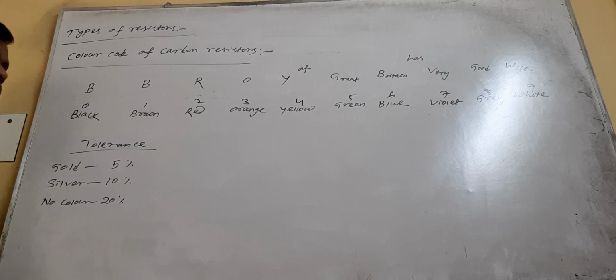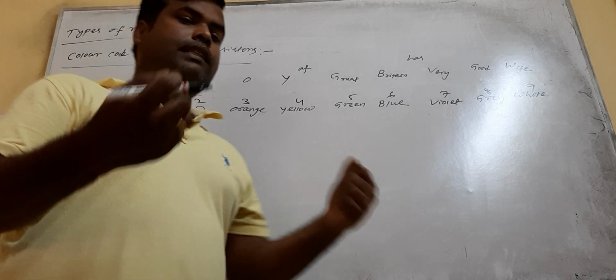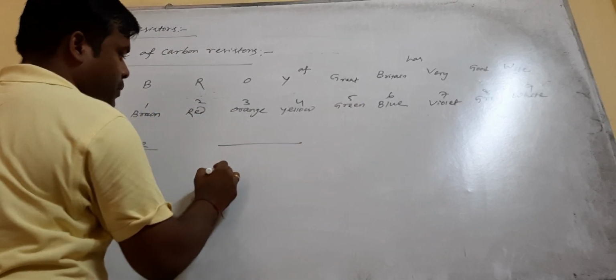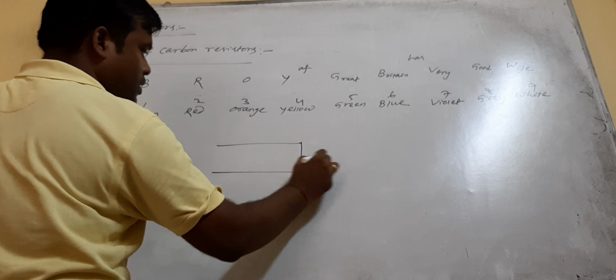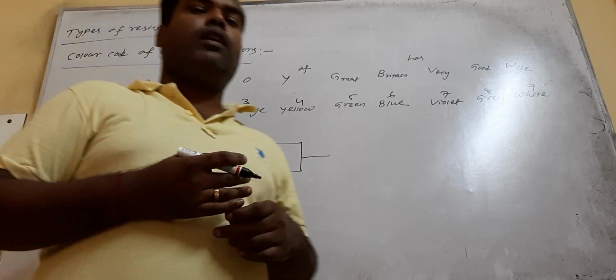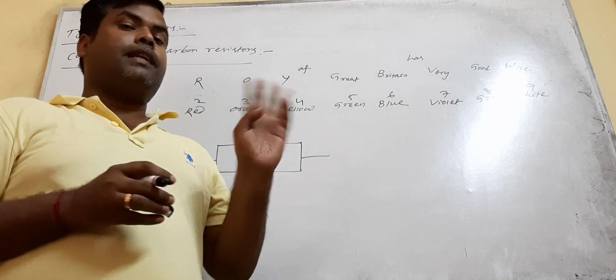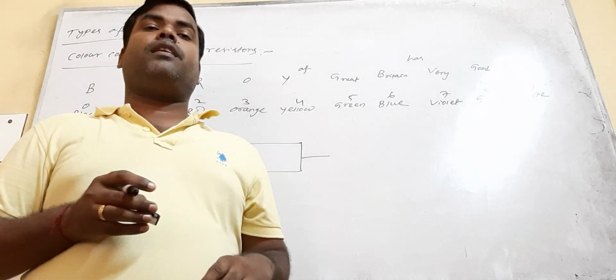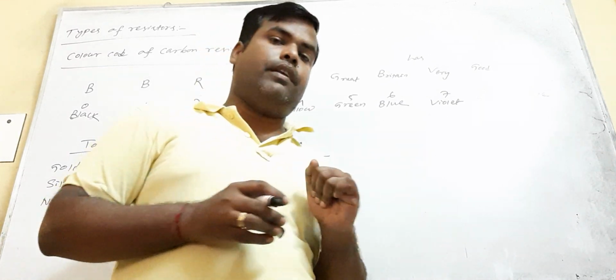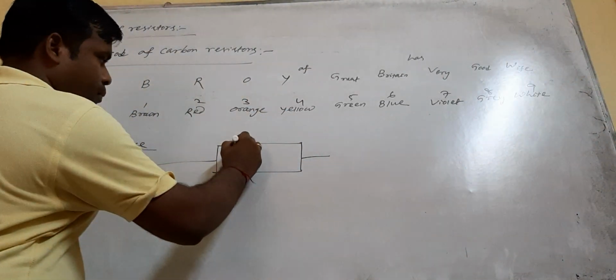So how do we get the resistance value from the color coding? Suppose you have a carbon resistor with a band of 3 colors or 4 colors. You remember the fourth color gives you the tolerance value. Let us take one example.